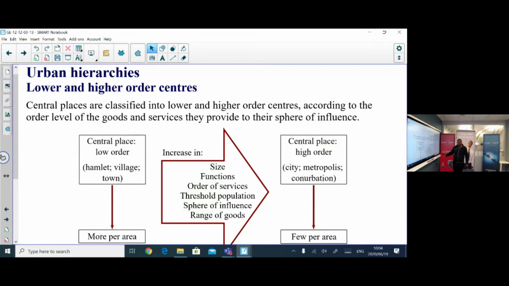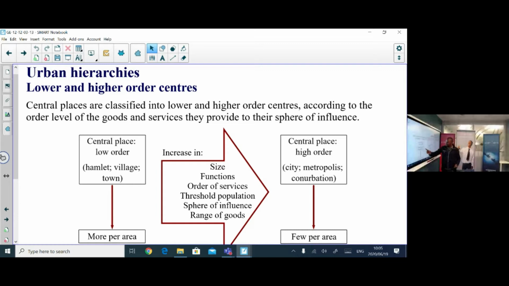In this area, there are more people per area, which means we have got a huge number of people accessing those. When these increase, they are increasing in size: the low order services are increasing in size, functions, order of services, threshold population, sphere of influence, and range of goods. By the way, we said that the range of goods is what? It is the distance at which one can travel to access the goods.